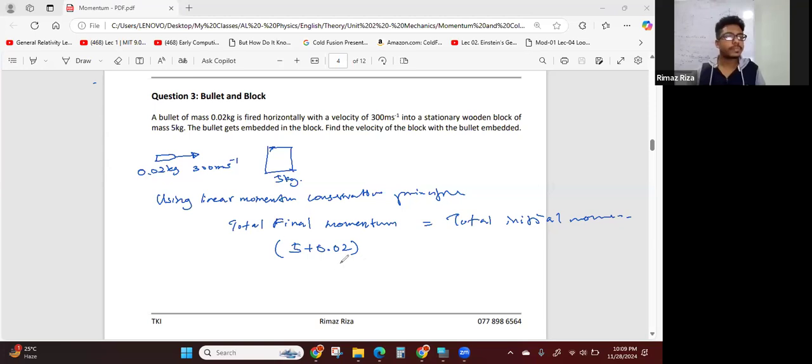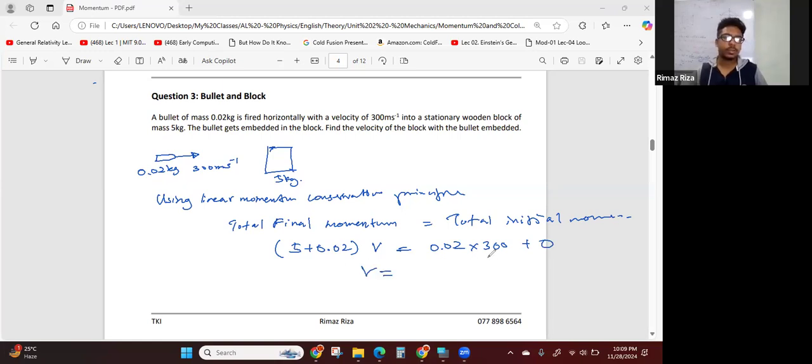Okay, so here, let's say it moves with the common velocity v. So the total initial momentum is mass 0.02 times 300 plus 0, since this one is initially at rest.